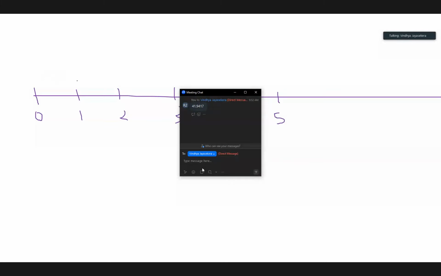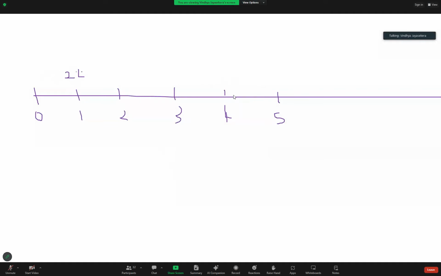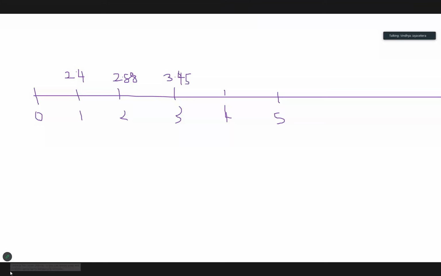Can somebody tell me the numbers here, please? 2.4, 2.88, 3.456. You don't need to do everything again. I have to because I'm rewriting the question. That's all. 4.147.